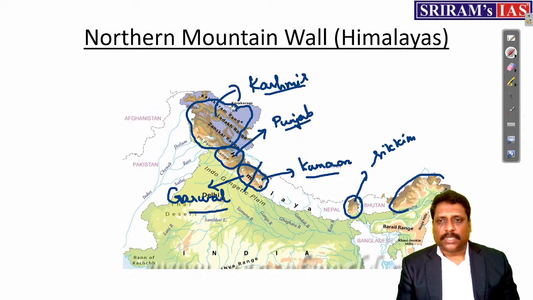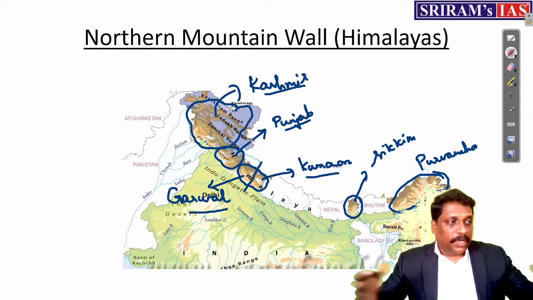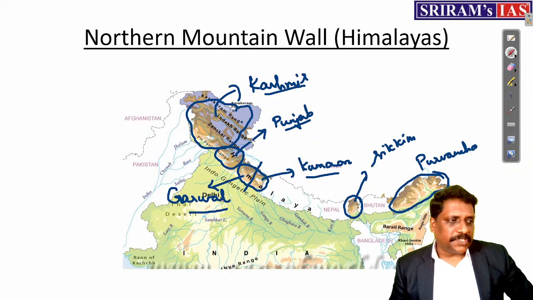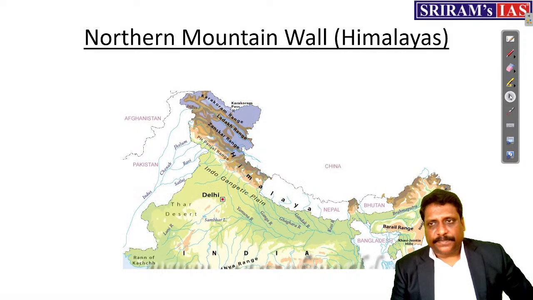And rest of it, I can call them as what? Arunachal Himalayas, or simply you call them as Purvanchal. This is more like longitudinal classification. What I have just given you is a latitudinal classification. Either way you can take it, as I said. Okay? Right, my dear friends.